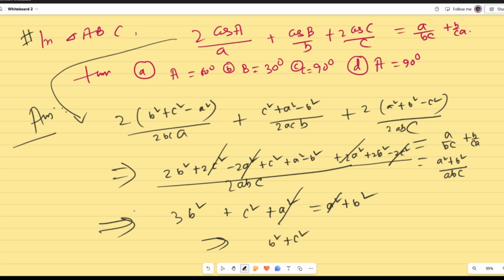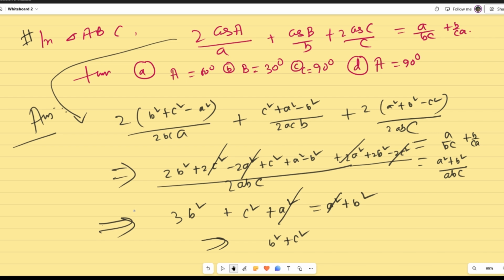So b square plus c square, b square plus c square is what? Just a minute. 2b square, is it? One b square gets cancelled. Why have I multiplied this one by 2? 2 is already there.